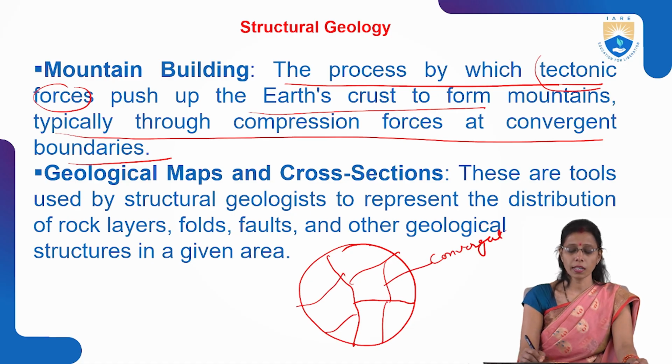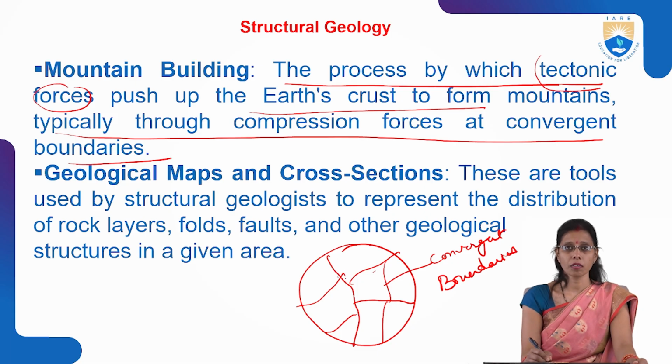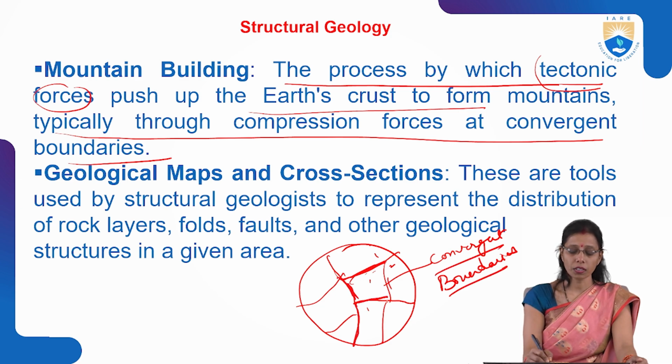These are all called convergent boundaries. These boundaries are moving apart or colliding with each other. They are continuously floating, and one may collide with this one or with that one. Once it collides, wherever these boundaries are, we call them convergent boundaries. Wherever you have these kinds of boundaries, the tectonic forces will act.